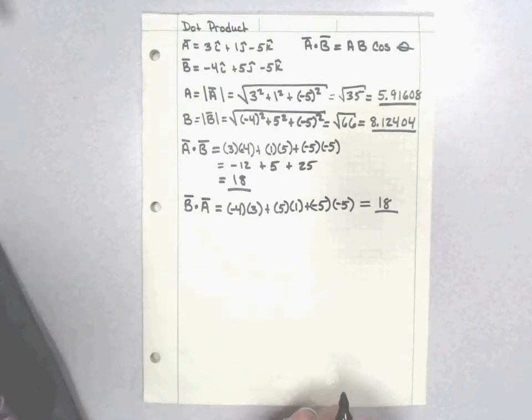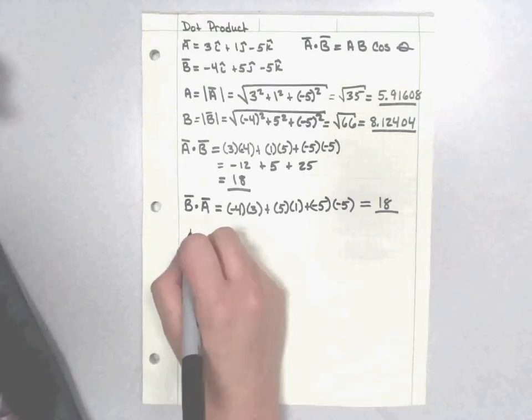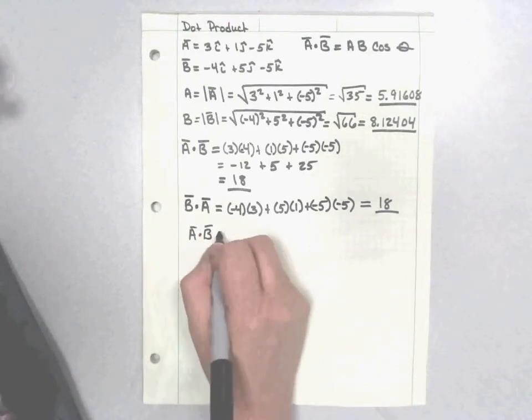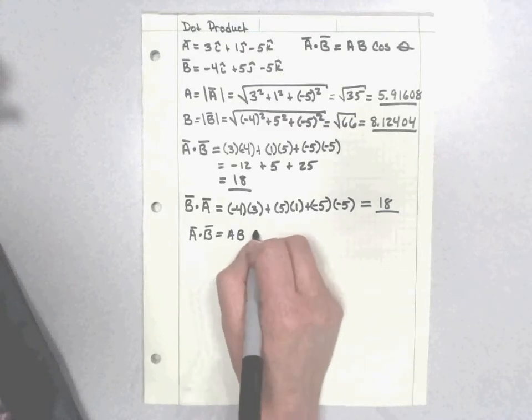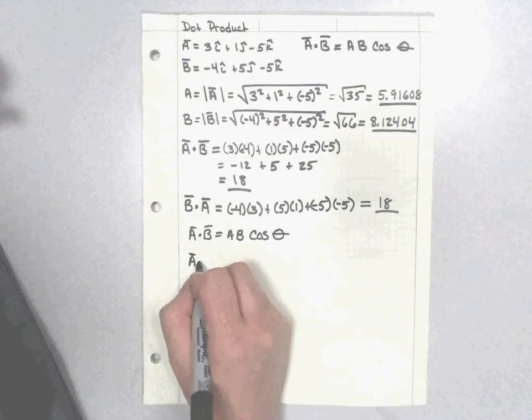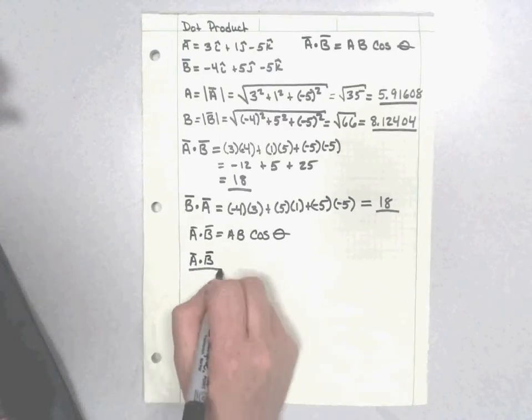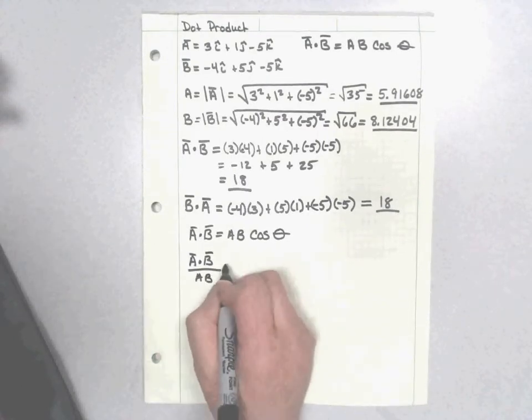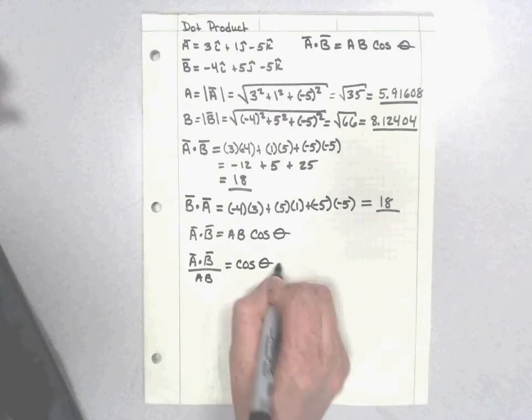Okay, so how does this help me find the angles between them? If I say that A dot B is equal to AB cosine theta, then A dot B over AB is equal to cosine theta.